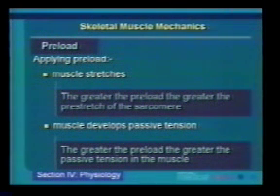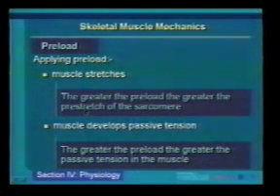Now, when you add preload to a muscle, it does two things. First of all, the muscle will stretch. The greater the preload, the greater the pre-stretch of the muscle. Now, more importantly, the greater the preload, the greater the pre-stretch of the sarcomere.